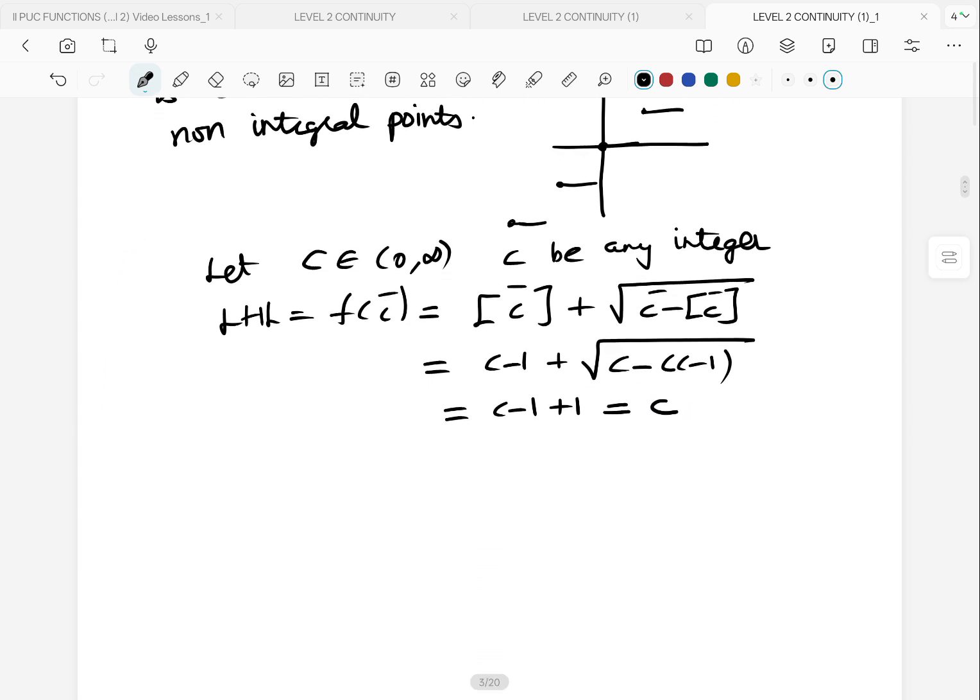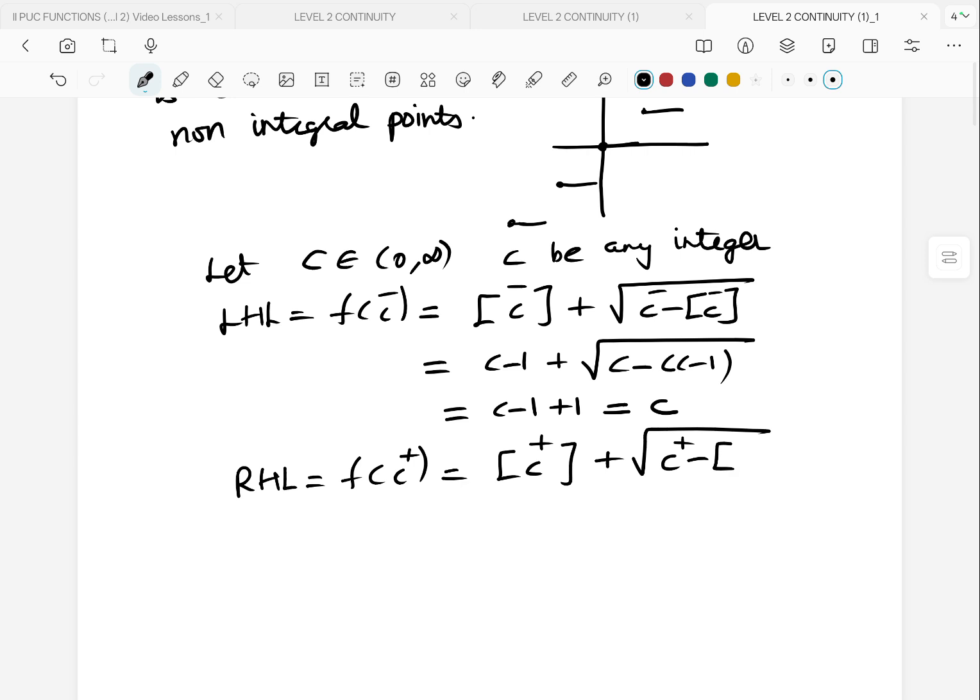Next, right hand limit, that is f of C plus. So, this is step of C plus root of C plus minus step of C plus. What is the value of step of C plus by definition?